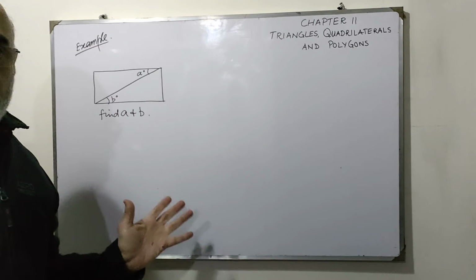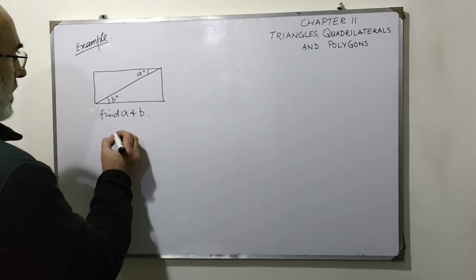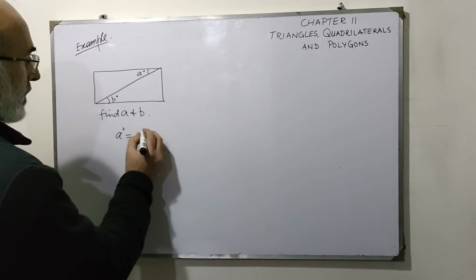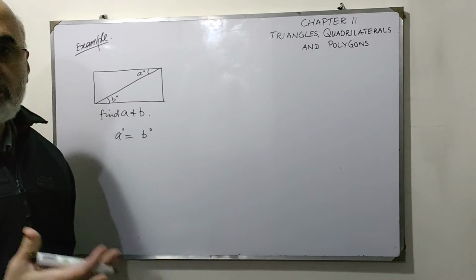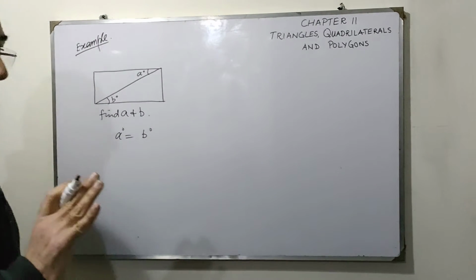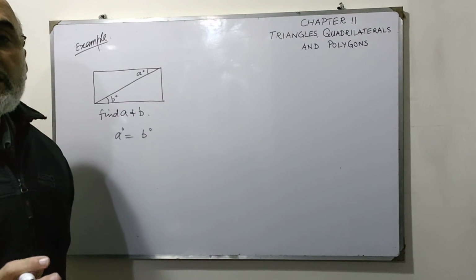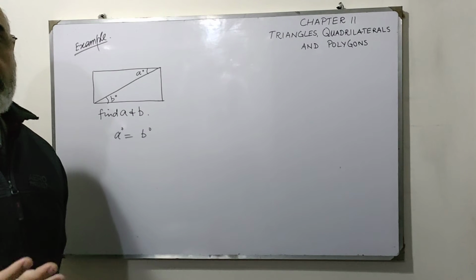We have just used this property. So using that property, we know A is equal to B. So whatever the value of A is going to be, it's going to be the value of B as well. And we also know, using the property of the quadrilateral, that the 4 angles of the rectangle are 90 degrees.